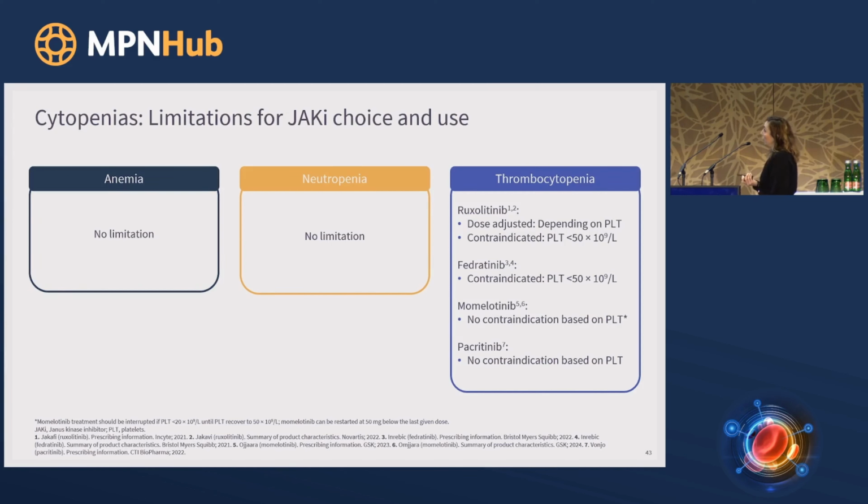Conversely, momelotinib and pacritinib have no contraindication according to the platelet count, even if in the datasheet of momelotinib it is reported that the treatment should be interrupted in case of platelet drop below 20,000 and can be restarted only after platelet recovery over 50,000, at 50 milligrams below the last given dose.